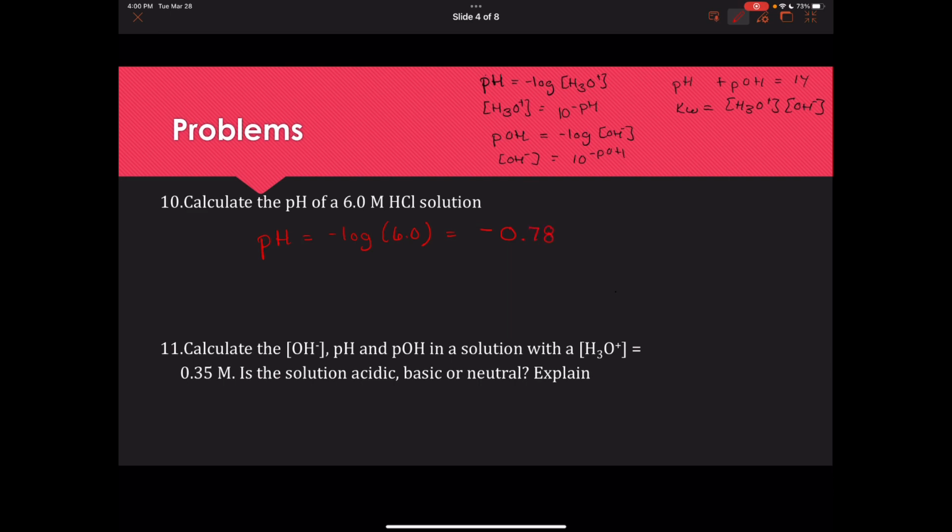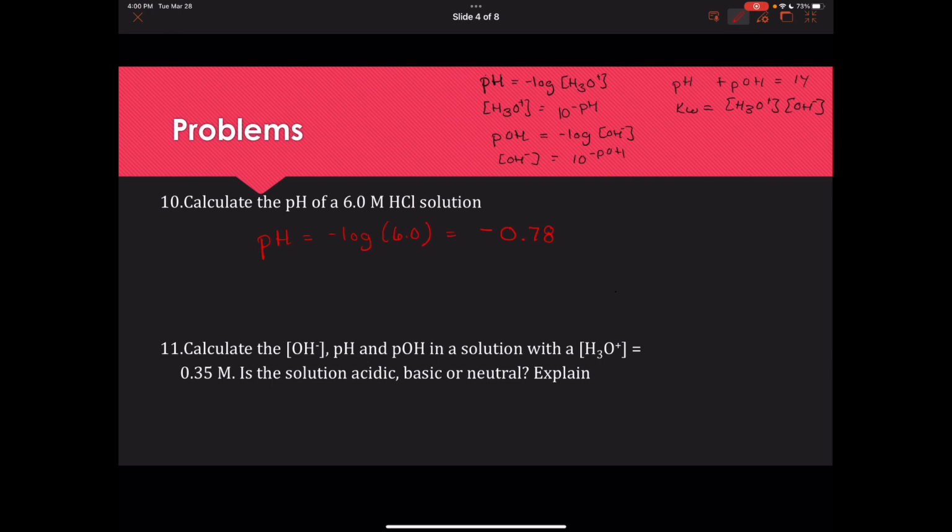Now remember that the pH scale went from 0 to 14, but we said it's not set in stone. So here I have a pH less than 0. This is possible. And a 6 molar solution of hydrochloric acid is a very common solution. You guys have worked with this concentration in lab. It's a very high concentration of hydronium.